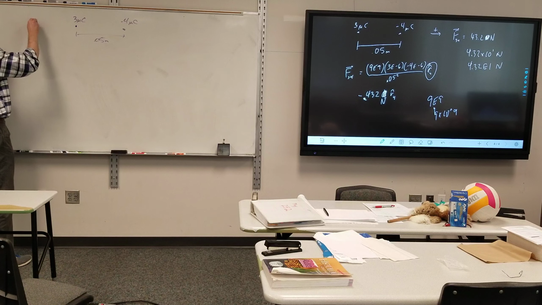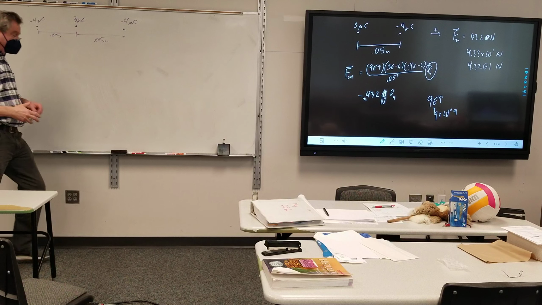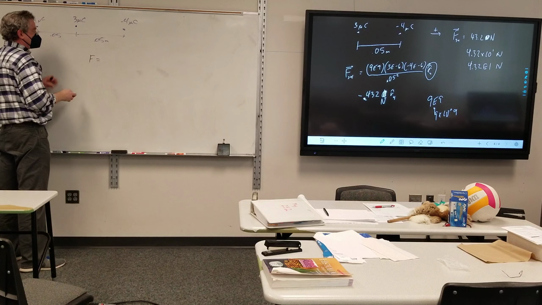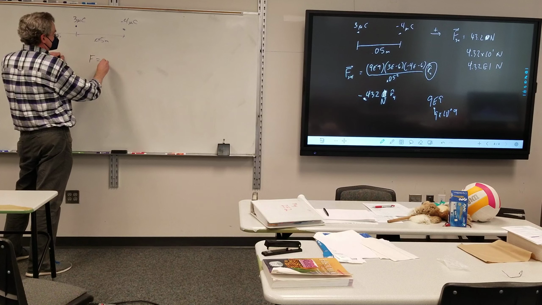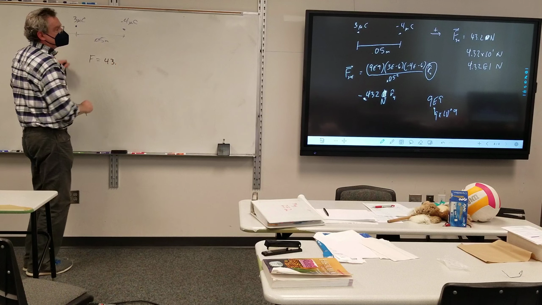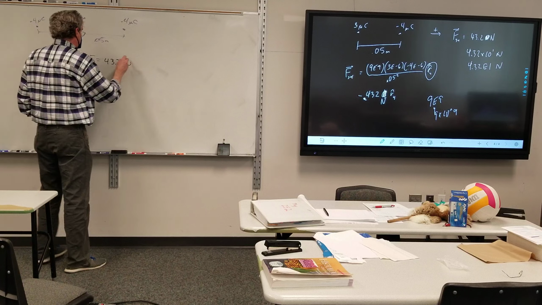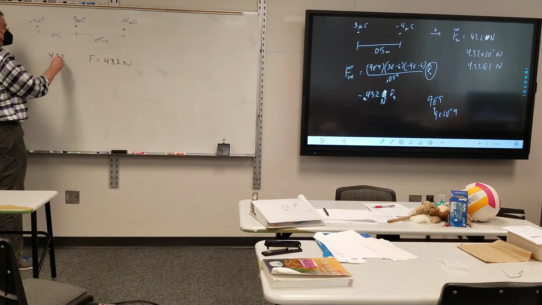And I've got a negative 4 microcoulomb charge there, 0.05. We've already done the math. So I know that this force, ignoring direction, is 43.2 newtons. And this one is 43.2 newtons.